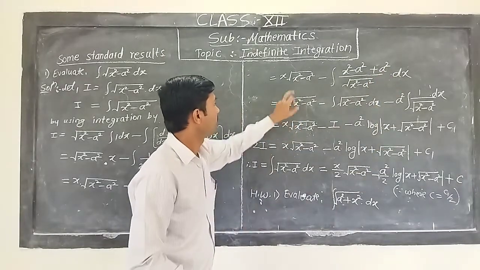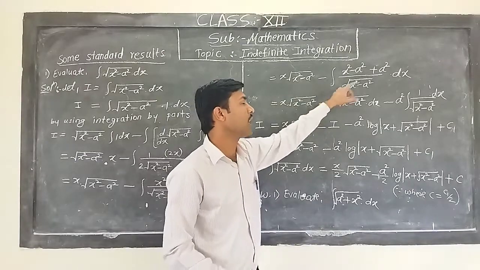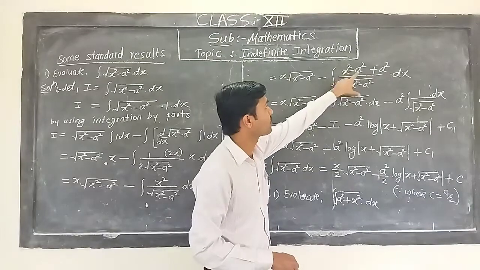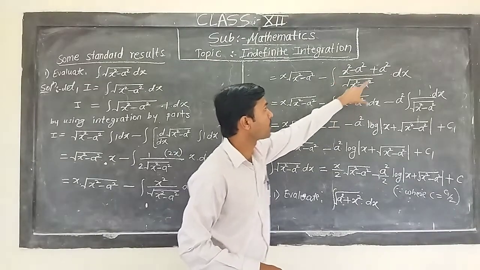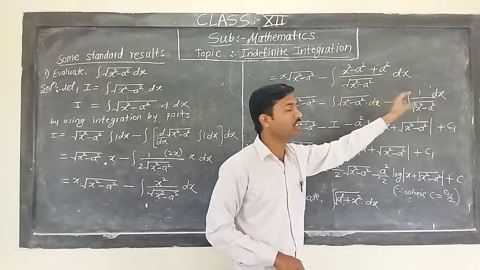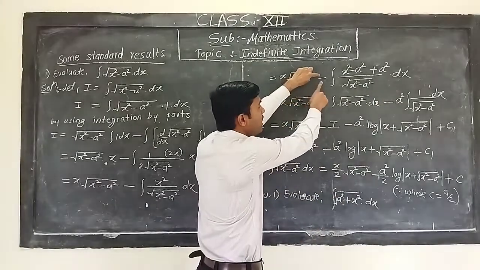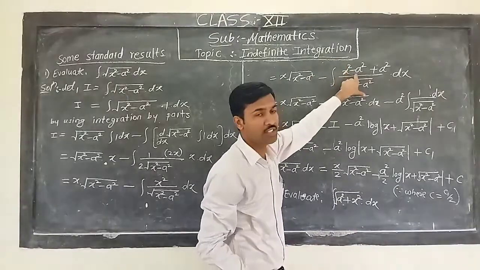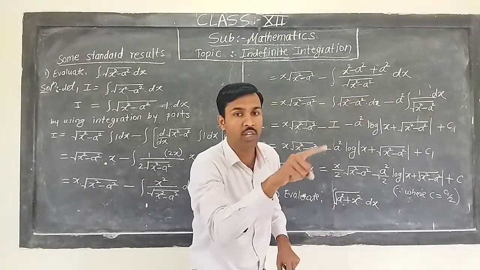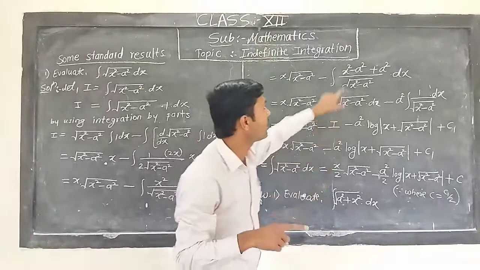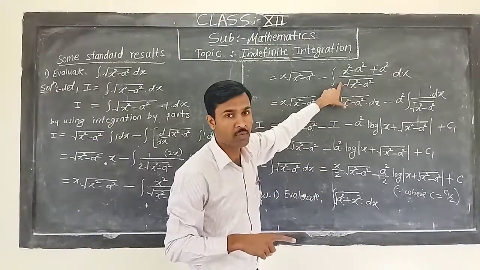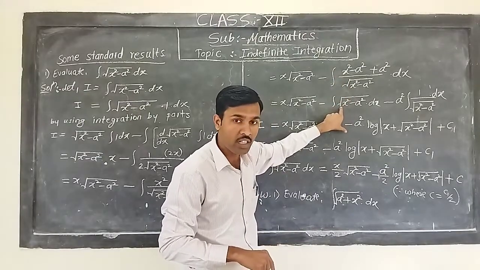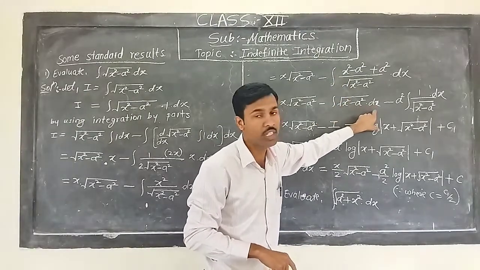Now friends, this term remains as it is minus; we are going to separate this term, then it will be x square minus a square upon this denominator plus a square upon this denominator, and after solving that it will be minus into the integration of... how to solve this term? x square minus a square means under root of x square minus a square whole bracket squared, and after putting this denominator to this term, the first term will get cancelled, so the remaining term will be under root of x square minus a square into dx.